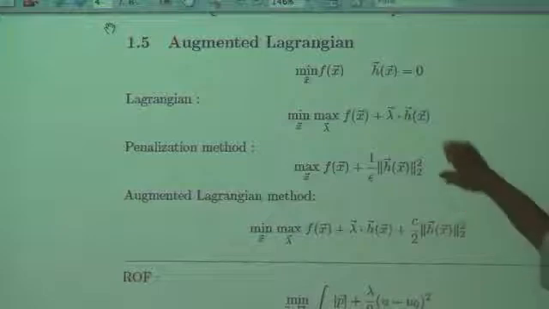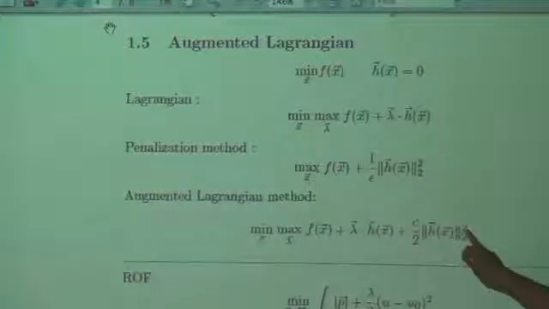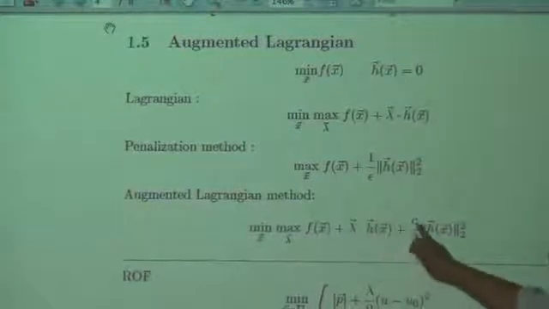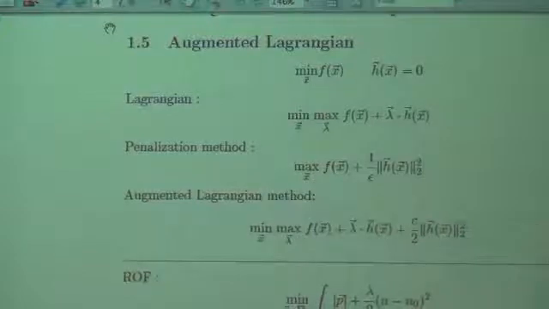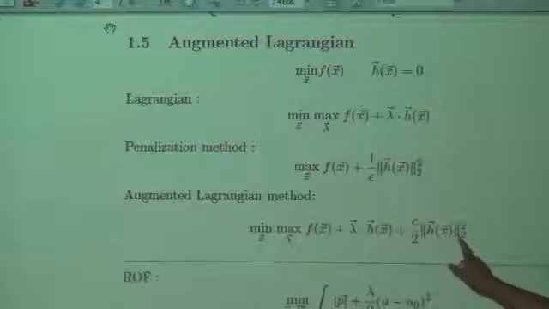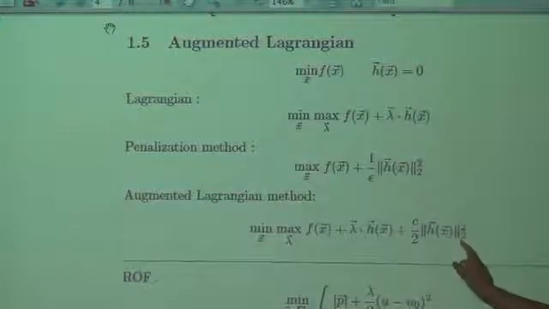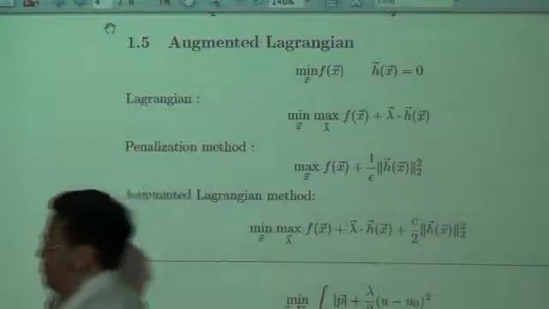So the Augmented Lagrangian combines those two. You have a Lagrangian term, and you also have a penalization. But due to the Lagrangian term, mostly you don't need C to go to infinity. C can be any constant, and it should be okay. But this will enhance the convexity of the subproblem.